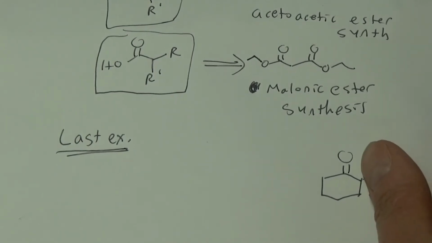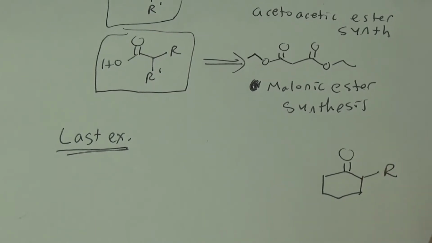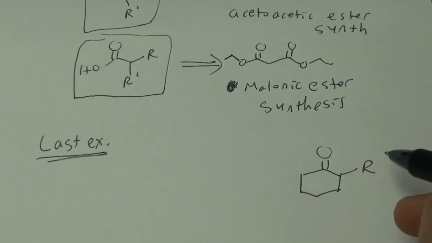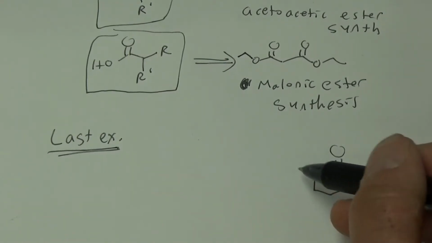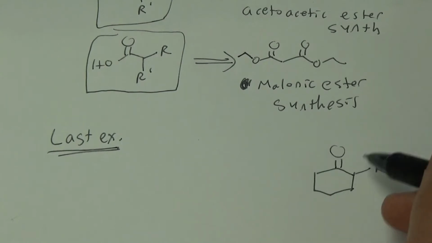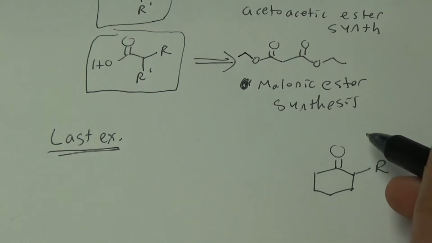To just take that, maybe treat it with LDA, a good base, and then get that. The problem, if you remember from chapter 18, I think, was that you attach one, it might attach a second one, and there are some issues there. We did learn another solution to this, which was making enamines.